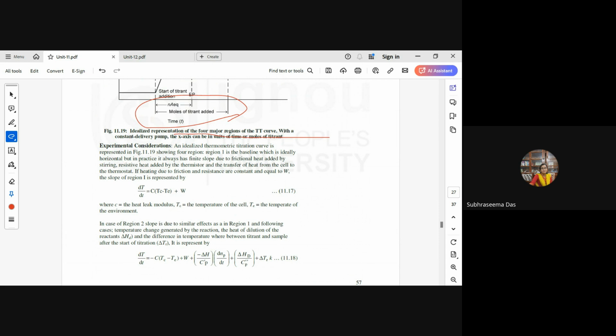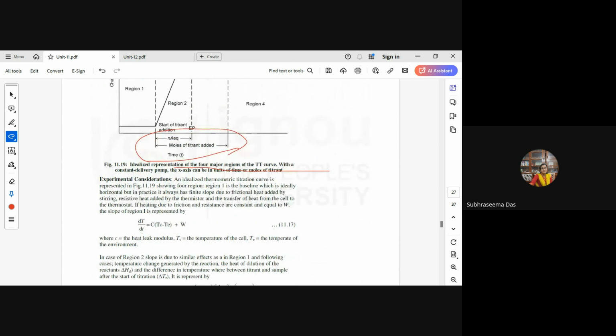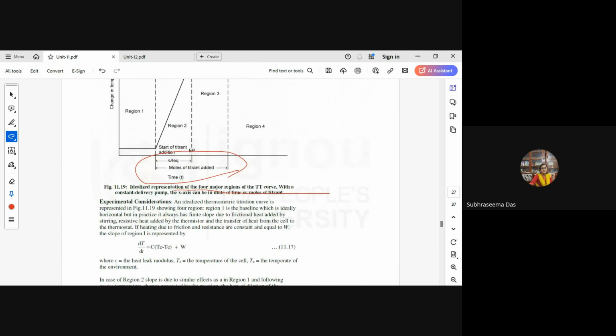Region 1 corresponds to the baseline, which is ideally horizontal, but in practice has a finite slope because of the heat produced due to stirring, the resistive heat added by the thermistor, and the transfer of heat from the cell to the thermostat.